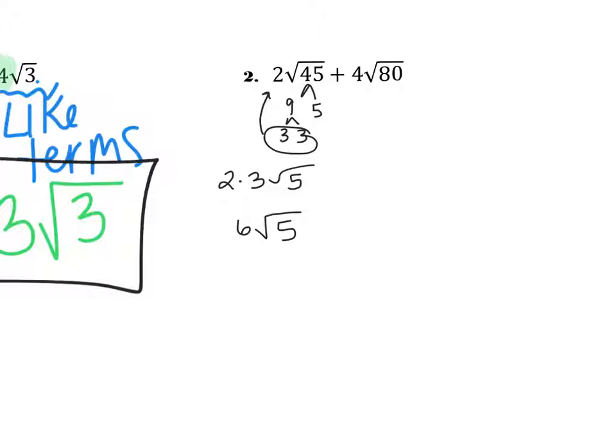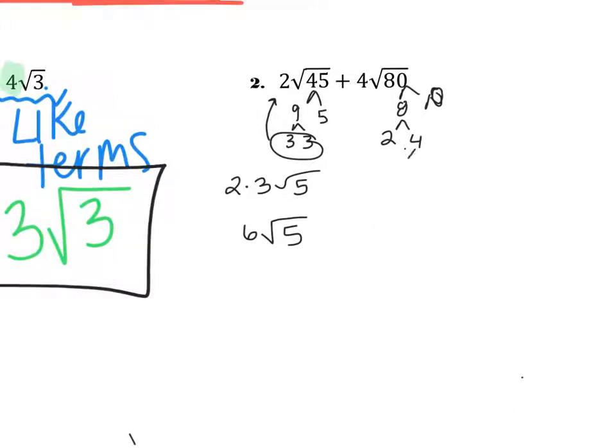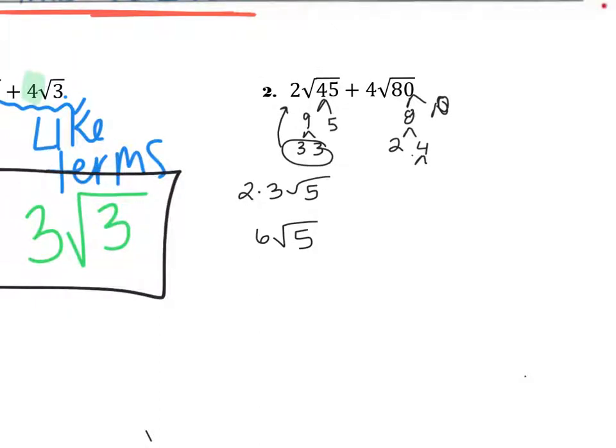Now let's try that one more time with our second term. Specifically, I'm looking at the 80, and I think I can break that down into 8 times 10 is the first thing that comes to mind. And 8 can split a little bit further into 2 times 4, and actually 4 is made up of 2 times 2.